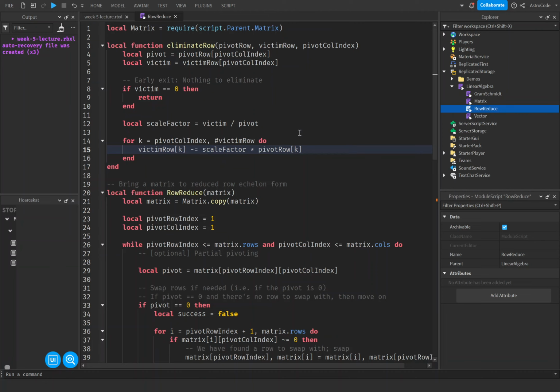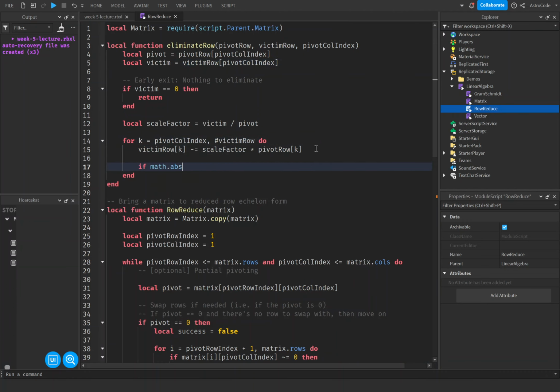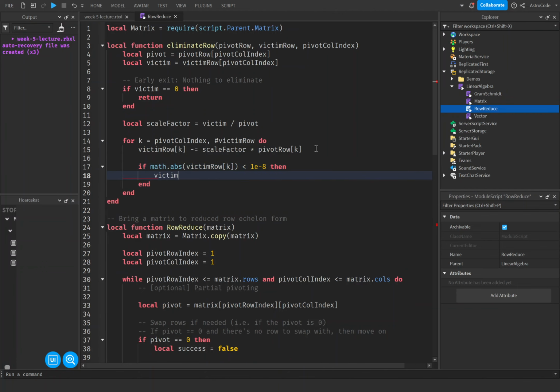And then I've done one last thing here, which is, the point is for the victim to become 0, but there's a tendency for it to become some really small number that's not exactly 0. This is just a floating point thing. So if this thing that we just tried to eliminate is almost 0, well, then we'll just set it to 0.